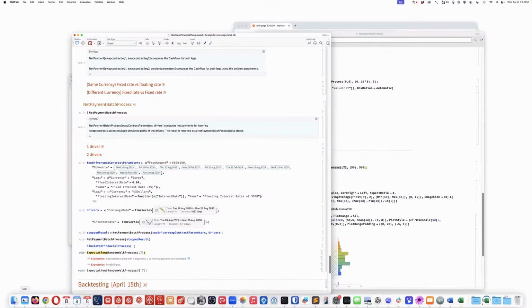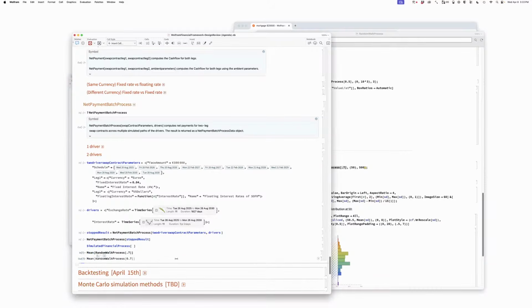And Stephen, you need to do, for example, mean of random walk process, and then you need to say of t, because this has to be a distribution, so it has to be at a certain time slice. So you say, I don't know, at time t. In this case, there is a closed analytic solution for that. Okay, so that's the type of thing that you want to do for these financial processes as well. In other words, could we make this work the same way?